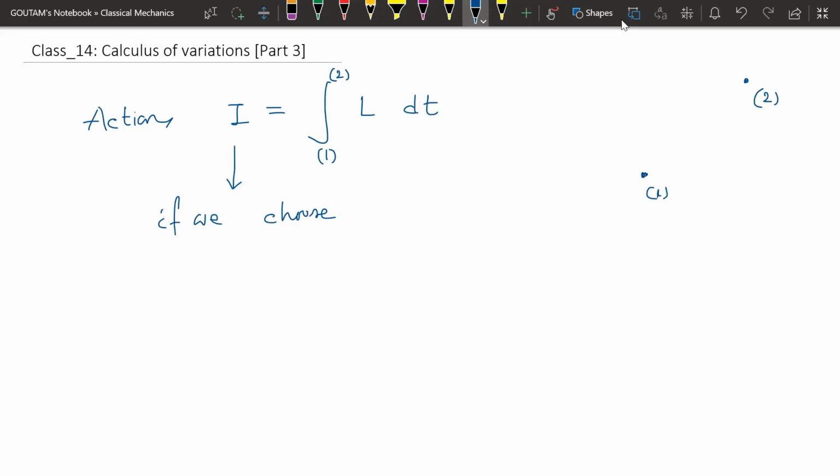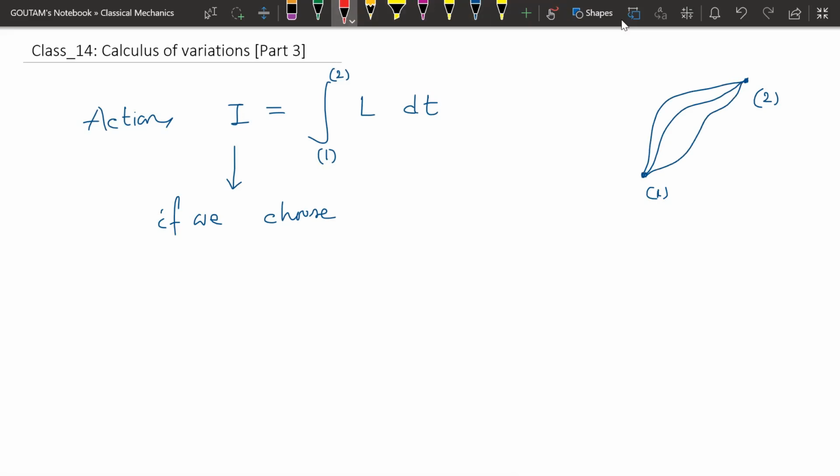If a particle at time t1 is at point 1 and at time t2 it is at point 2, then there can be a lot of paths we can draw. So infinite number of paths we can draw.